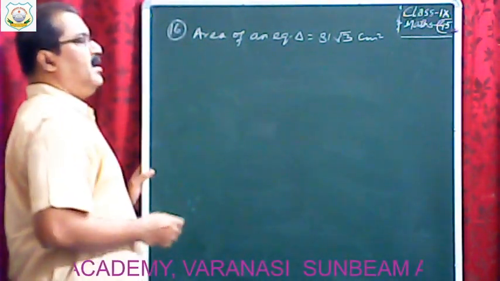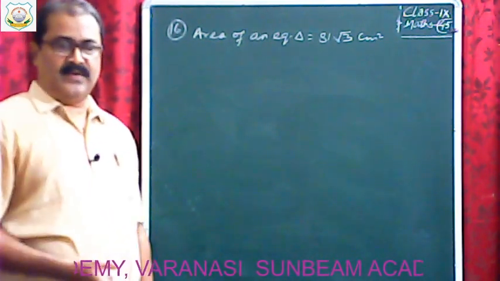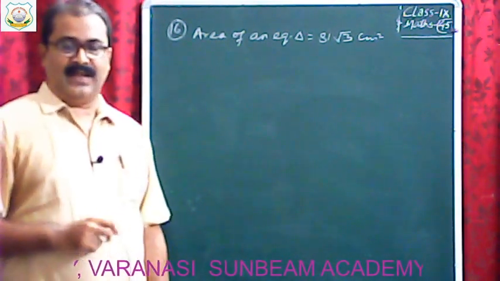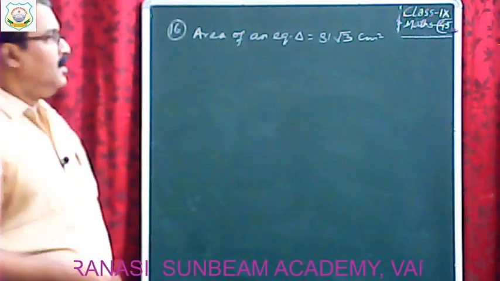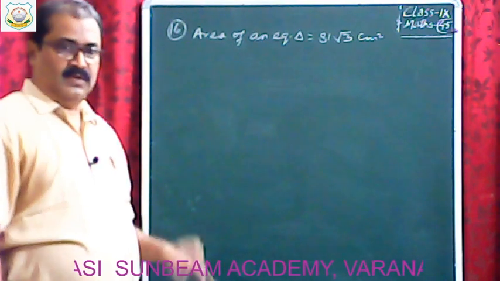Okay, so whenever you have to find the area of an equilateral triangle or the height or perimeter of an equilateral triangle, we require only A, the length of each side. We require A because you have to find the height of the equilateral triangle.